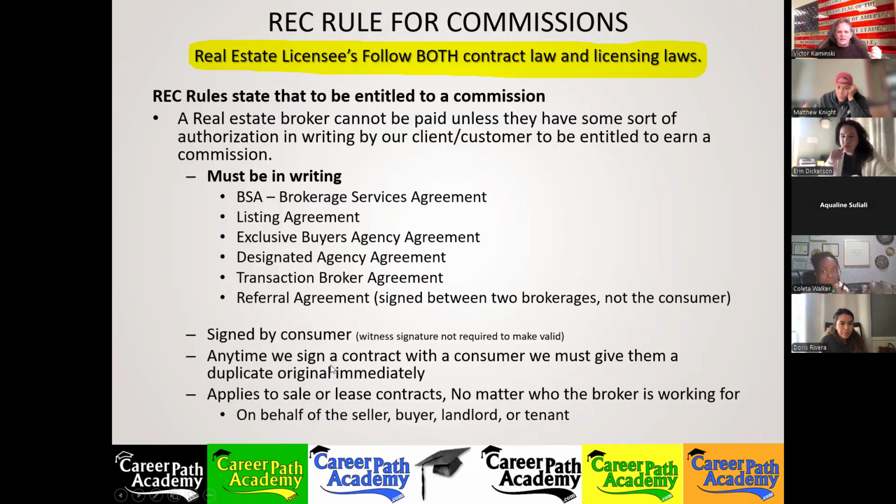And anytime we sign a contract with the consumer, we must give them a duplicate original. Remember, multiple original copies with original signatures, that's a duplicate original. Anytime a contract is fully executed by both parties, and it applies to the sale or lease contract, no matter who the broker is working for on behalf of the seller, buyer, landlord, or tenant.